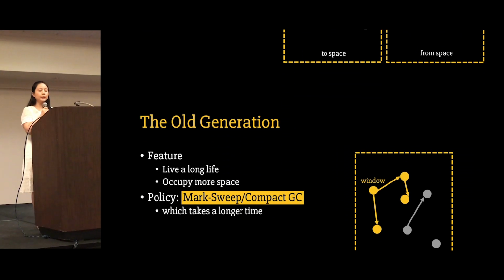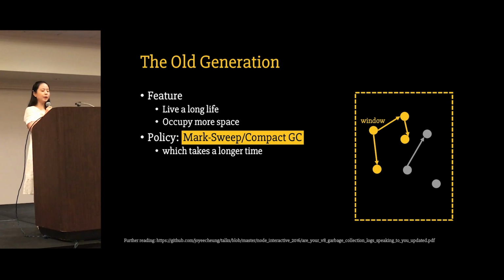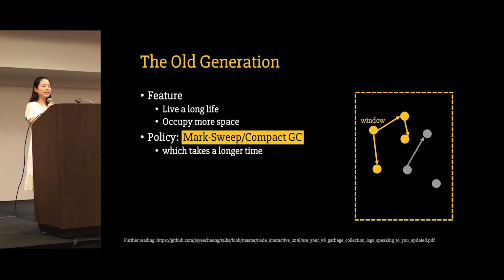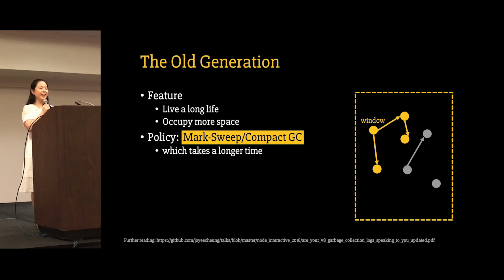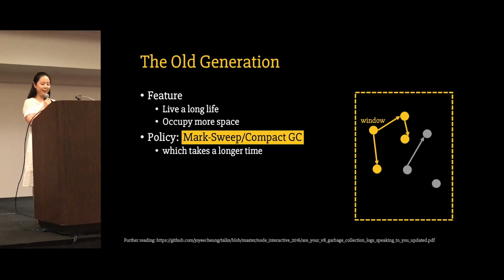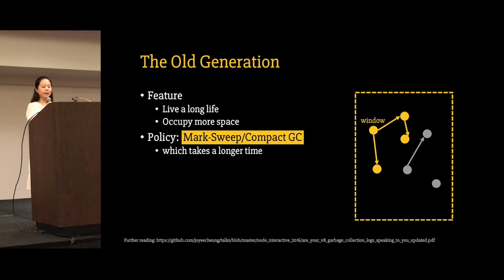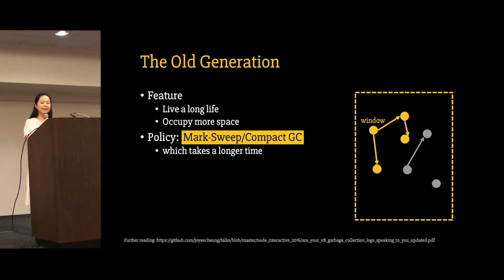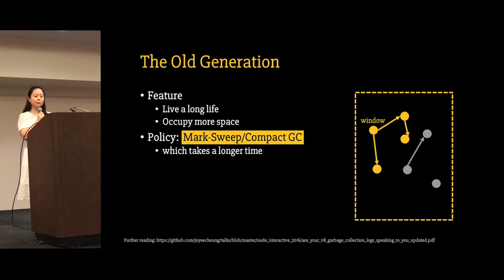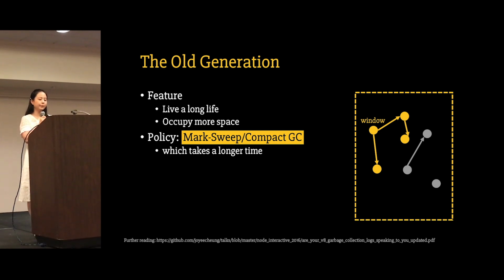The situation with the old generation is much more complicated, and I don't wish to bore you guys with too much detail since there are already so few people here. The most important difference we need to know about the old generation is that it doesn't have an extra space for the copying job, because the old generation occupies more space and does not tend to be swept frequently.